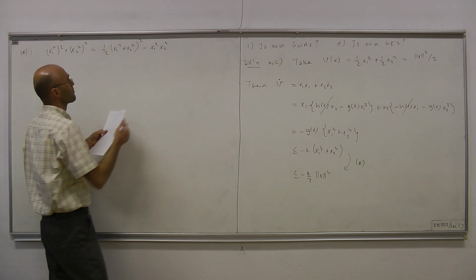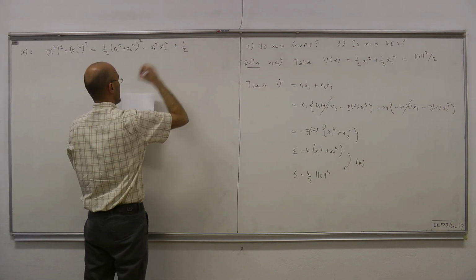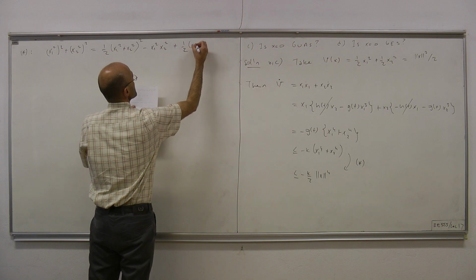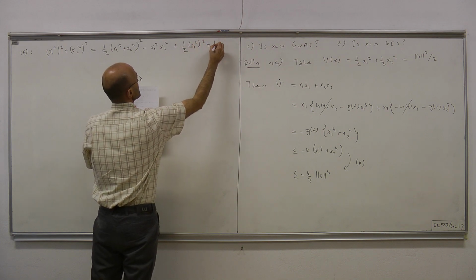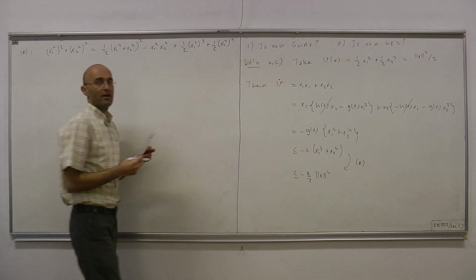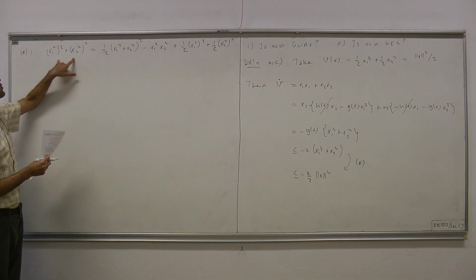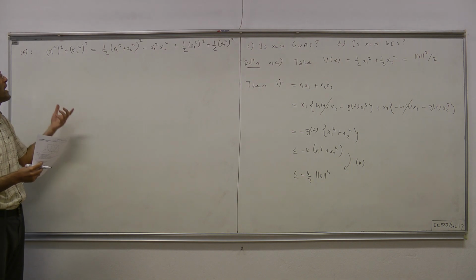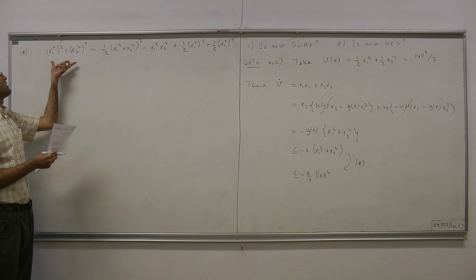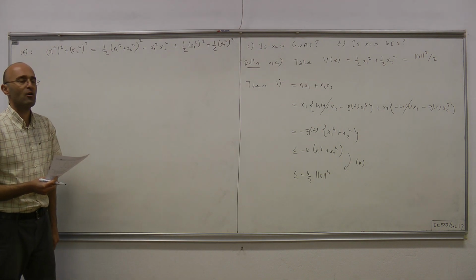And also, what we have is 1/2 x1 square plus 1/2 x2 square. Okay. Now, if you add all these terms, what you obtain is x1 to the 4 plus x2 to the 4. Now, why did we write this x1 to the 4 plus x2 to the 4 in this long, complicated fashion?